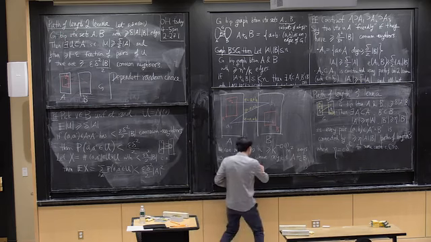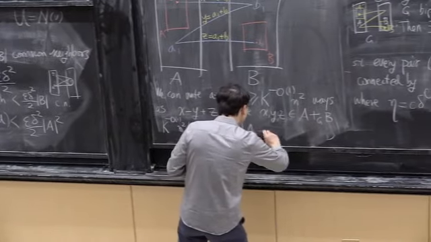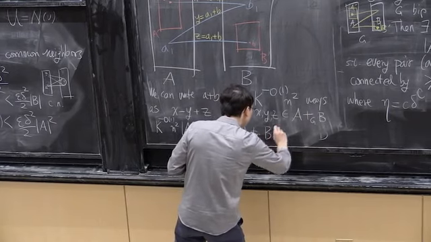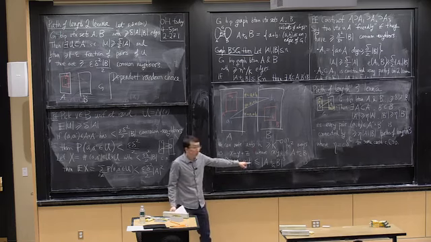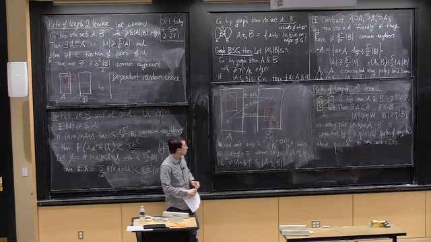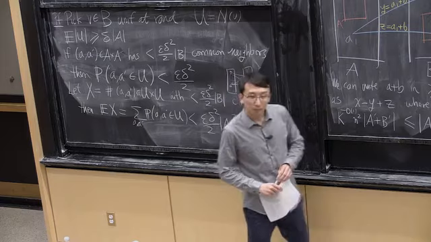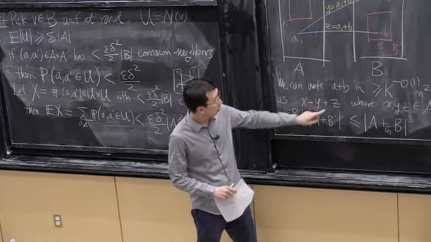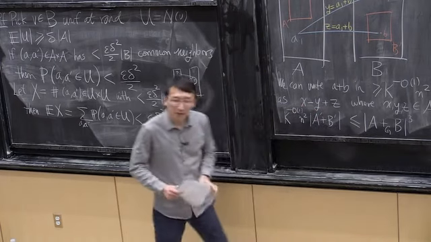We see that it is bounded above by the restricted sum set raised to the third power. Because each of these choices, x, y, and z, they come from the restricted sum set.